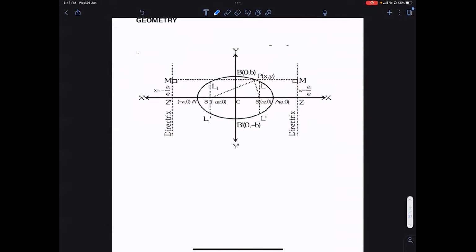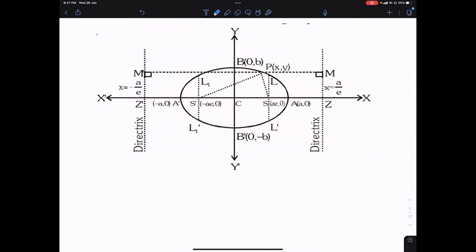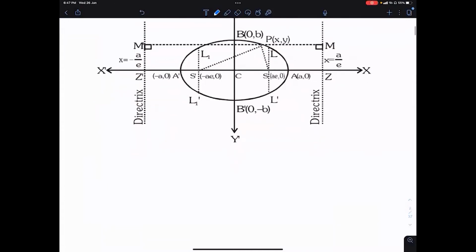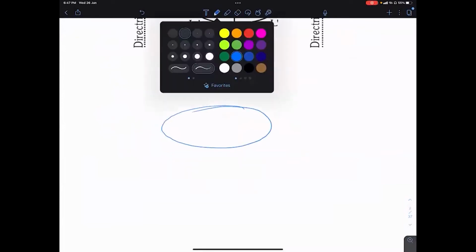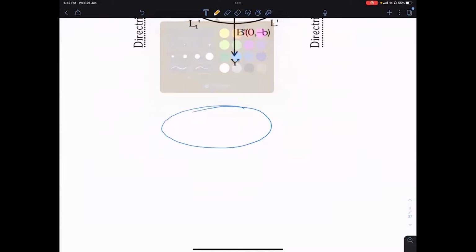Now, when it comes to geometry of the ellipse, this is how it is. The ellipse will be symmetrical about two lines. This is one line of symmetry. You can see from the figure itself that it is symmetrical about these two lines.